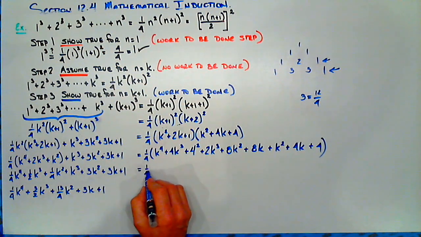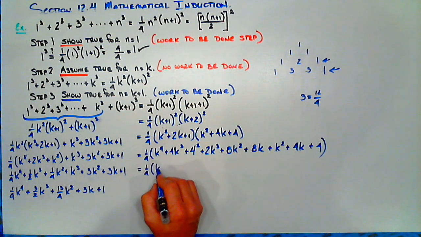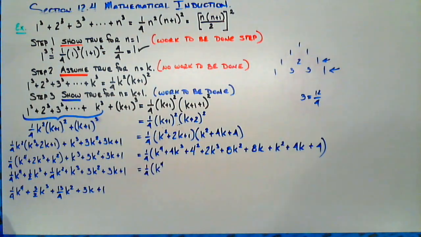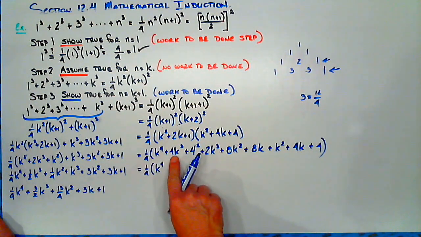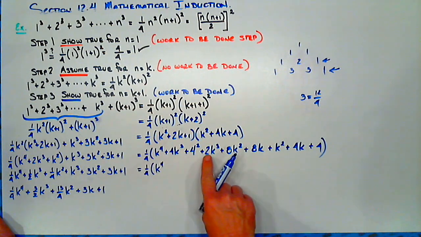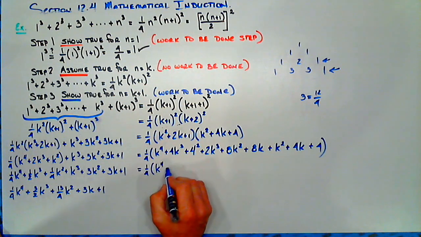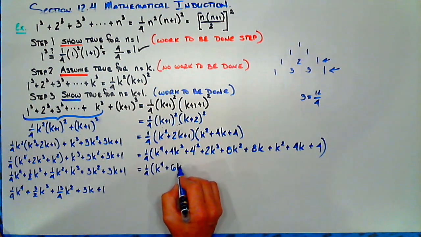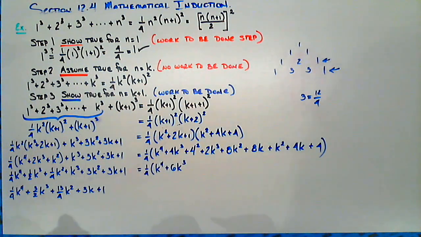We get 1/4, right? There's only 1k to the 4th, so we'll write that down. What do we have for k cubes? We have 4, right? 4 of them. Plus 2, that's 6, right? So we have 6 k cubes. What do we have for k squared?